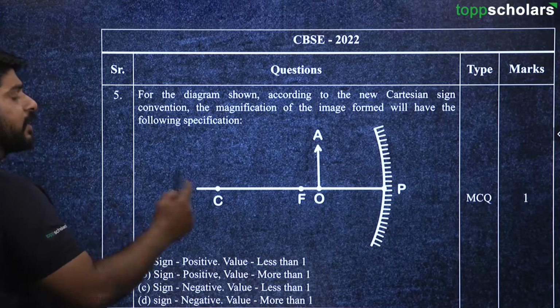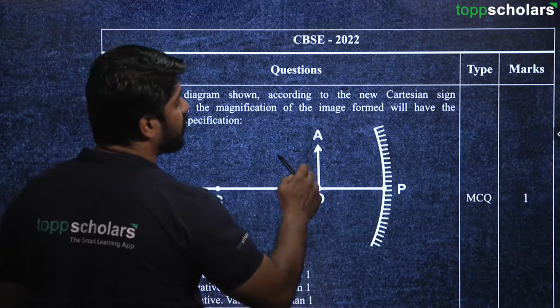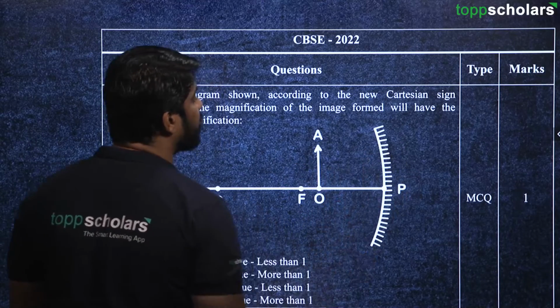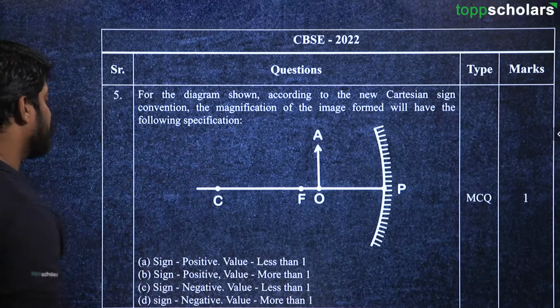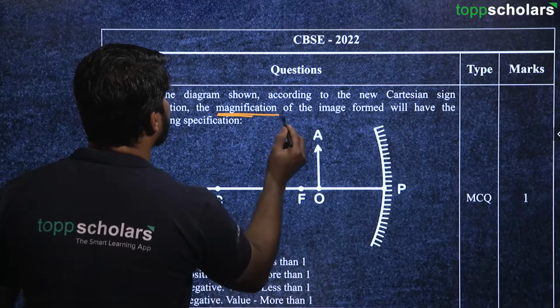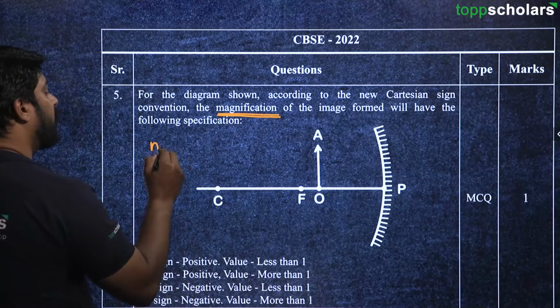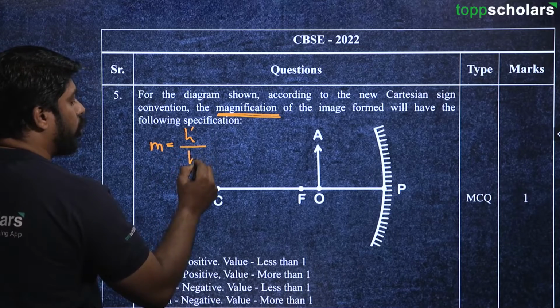Generally in this case a virtual and magnified image is formed. So that means we have to talk about the magnification, and we know that magnification is image size h dash upon object size.